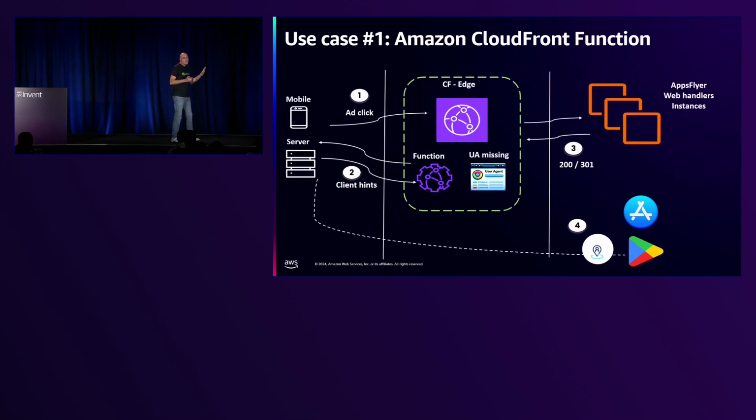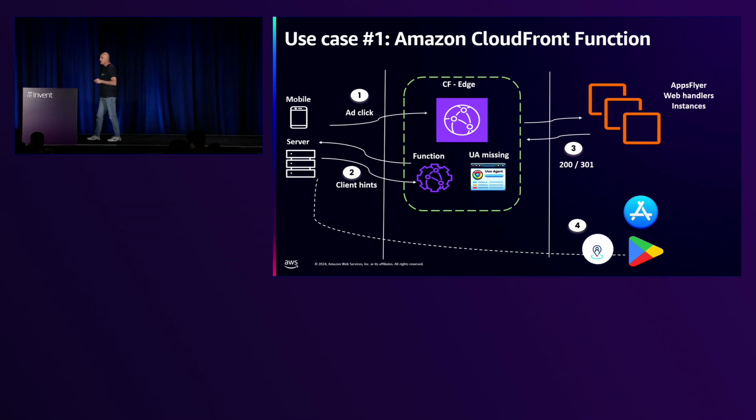Practically, we push all the logic to the edge. We still have the interaction, but it's based on the edge distribution, so it's much closer to the user. As the clicks arrive, instead of forwarding to our web handlers, this time the function identifies that there is a missing user agent, and generates a request to the client asking to enrich the user agent.